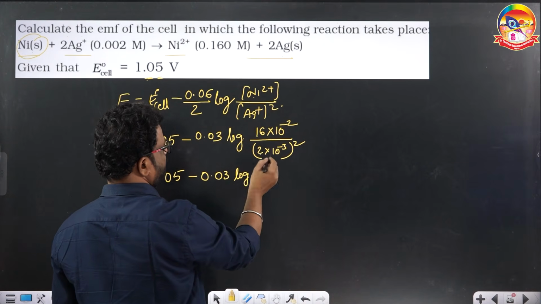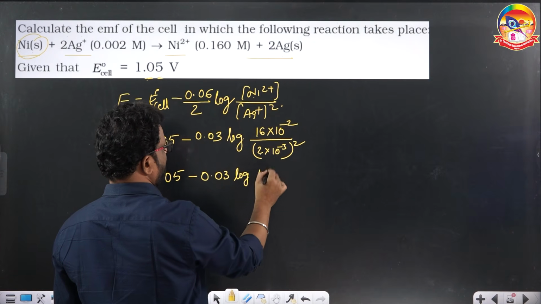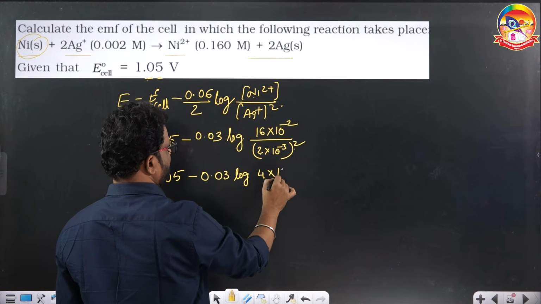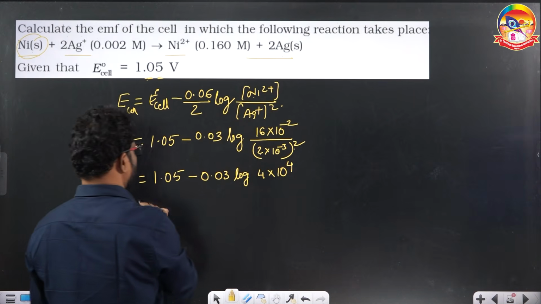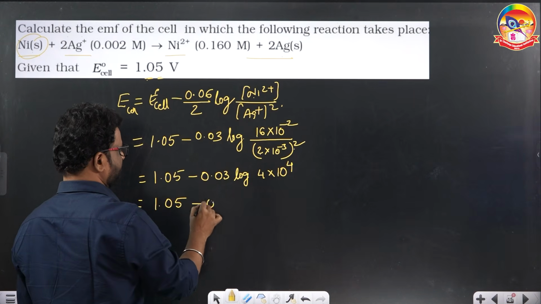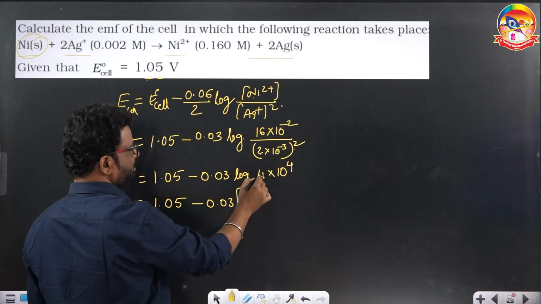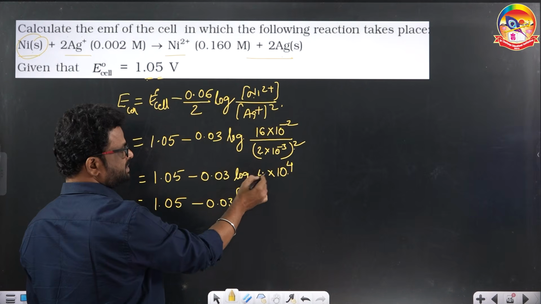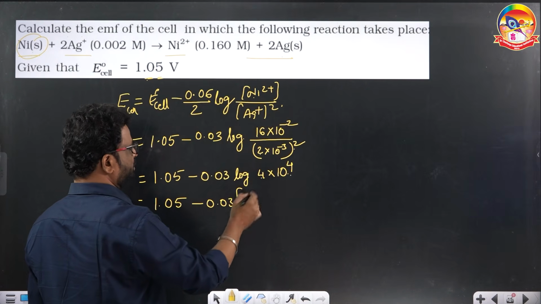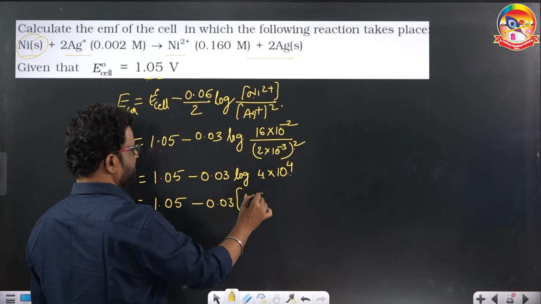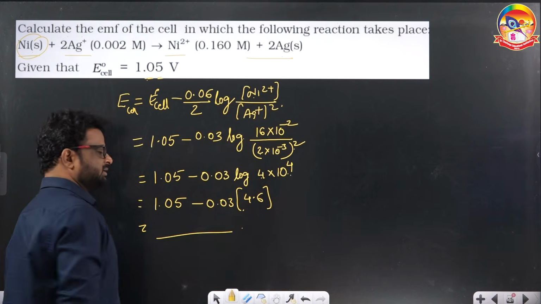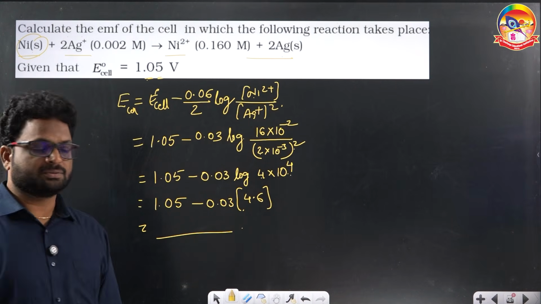Log of 4, 16, 4 and 10 power minus 6, 10 power minus 2, 10 power plus 4. That is 1.05 minus 0.03 into log 4, 0.6 plus log 10 power 4, that means 4.6. So simplify it to get the final answer.